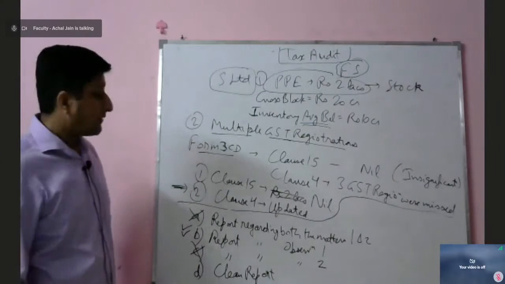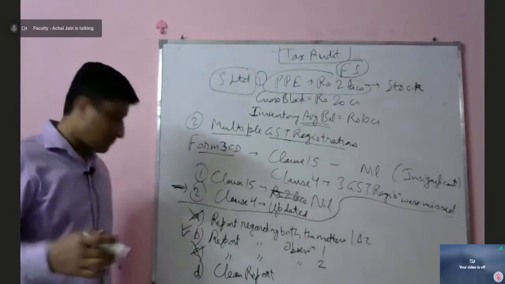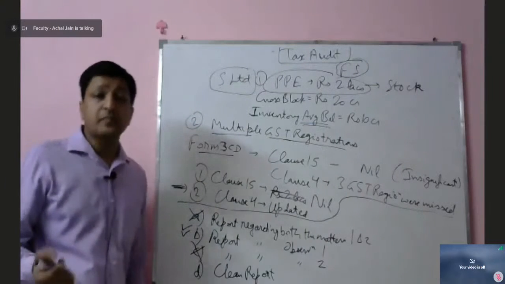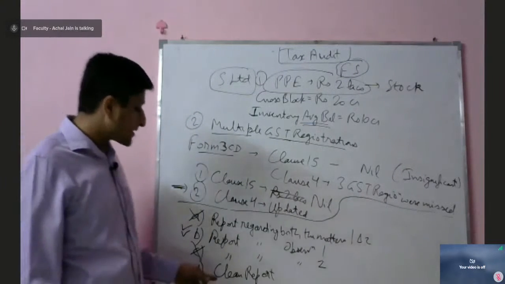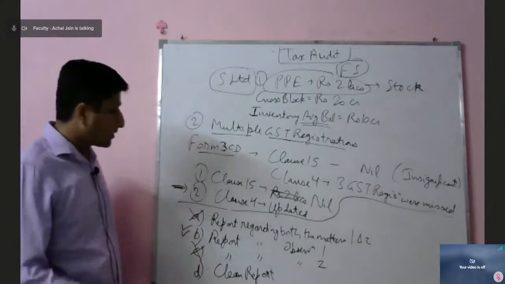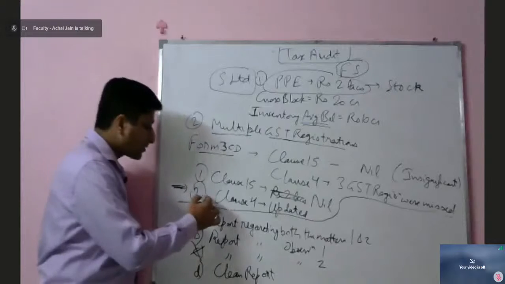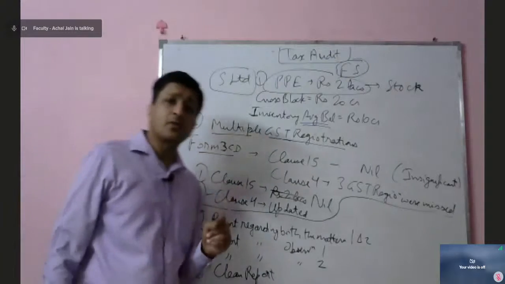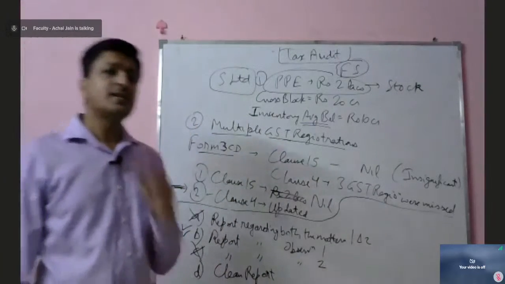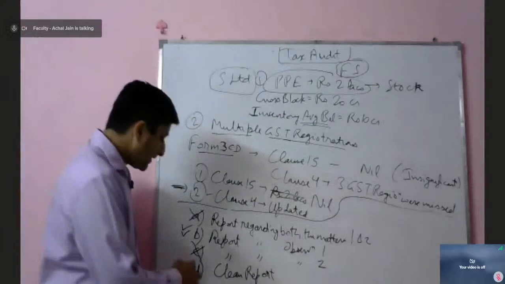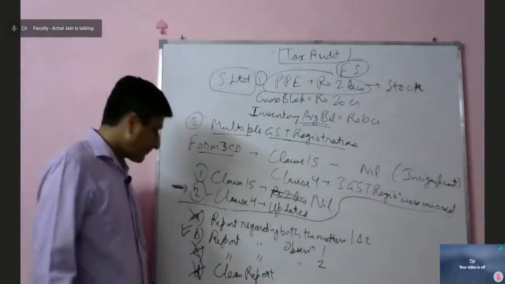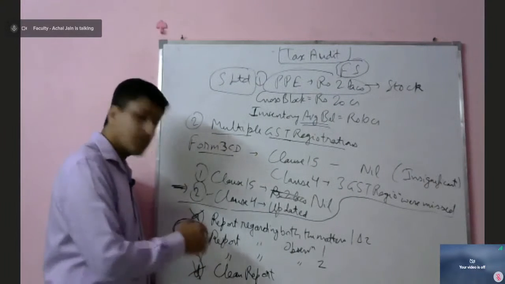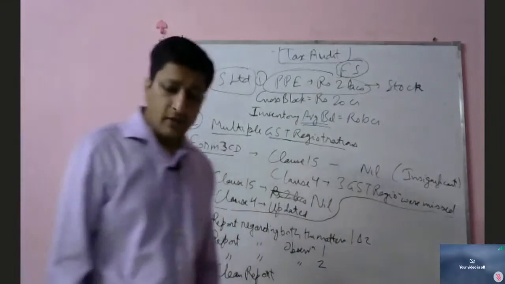But we have another option to be evaluated, and we never know that it may be a better option. Maybe there are 2 options wherein both of them can be right, but one of them can be the better option. So let's understand. The 4th option talks about the clean report. Clean report means nothing should be reported on clause number 2, which is absolutely fine. But when we make a statement that nothing should be reported for clause number 15, that doesn't seem to be all right. So option number D also goes away. So what are we left with? Even though we have analyzed, we are left with option number B. Okay. All of you clear on this?